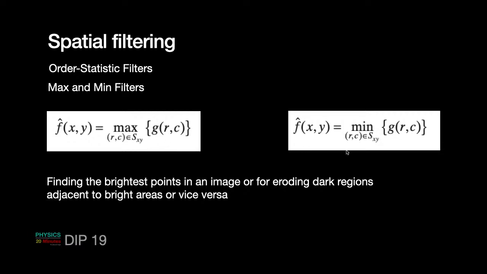The function of the minimum filter is actually the reverse. It selects the darkest point or the minimum pixel value in the given neighborhood. So it enhances the darkest region, also suppressing the bright region. So it does a reverse operation. Depending on what kind of image you have, you can put these filters to work.